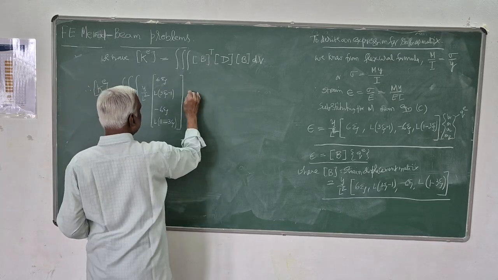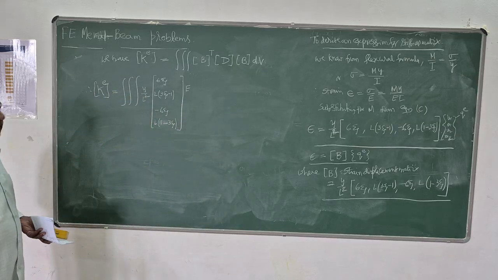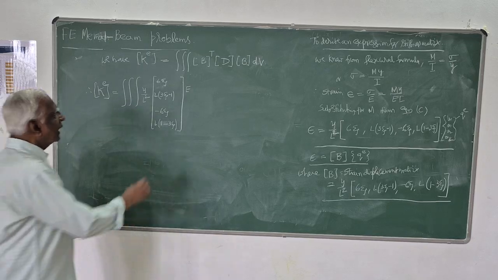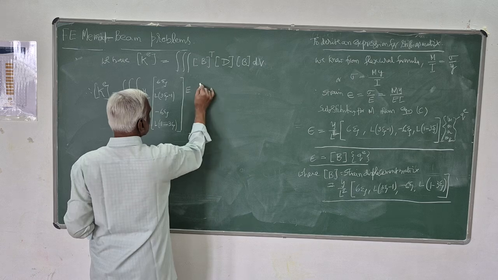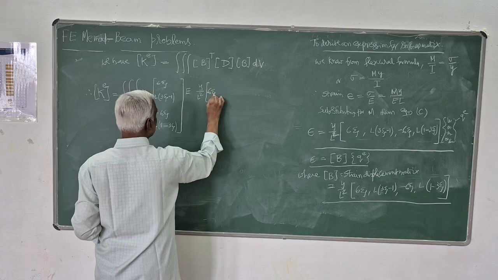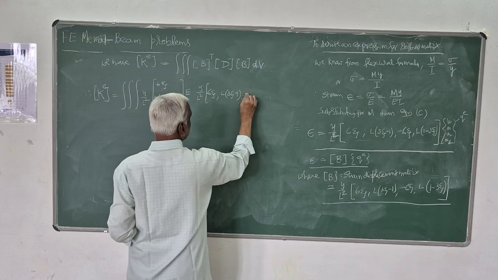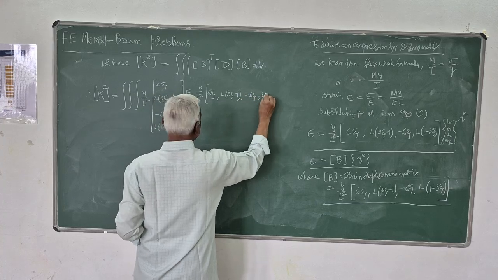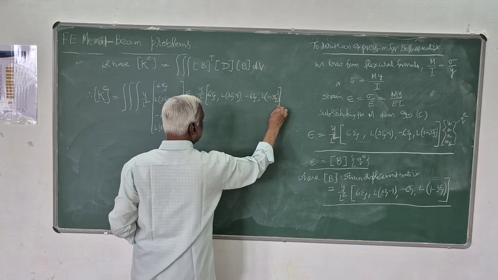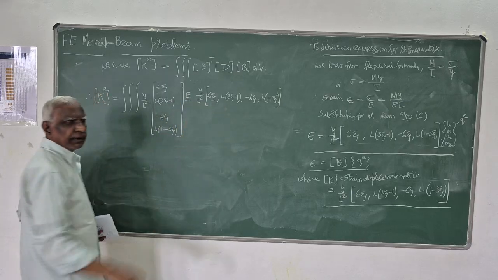Then D is nothing but E, the modulus of elasticity, because it is a one-dimensional element. The constitutive matrix is E. Into B, and B is again y by L square into 6ξ, L(3ξ minus 1), minus 6ξ, L(1 minus 3ξ). That is B.